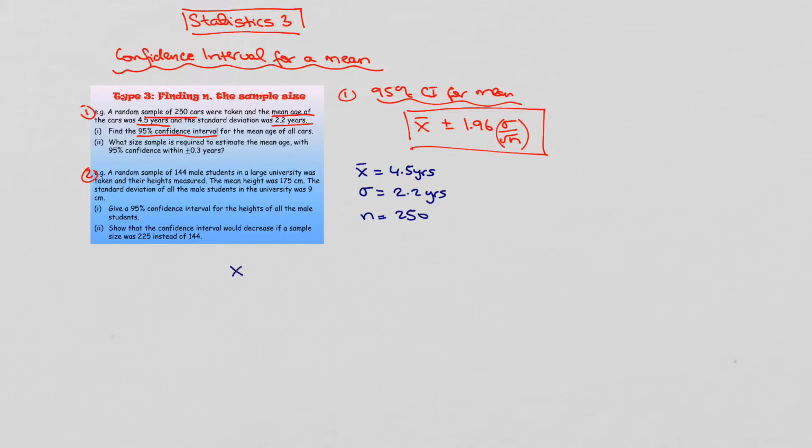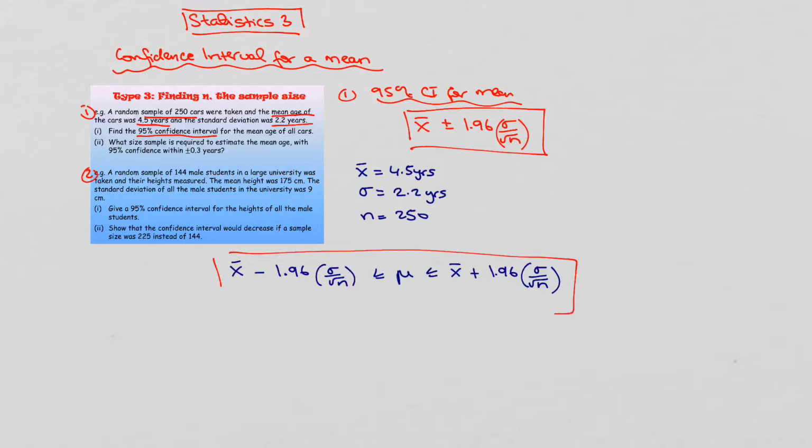So if I expand that formula, we have our sample mean minus 1.96 times sigma over root n less than or equal to mu, our population mean, which is less than or equal to our sample mean plus our margin of error, so 1.96 times the standard error of the mean.